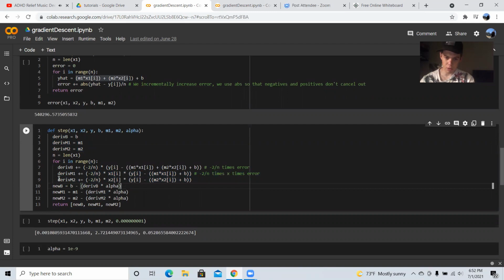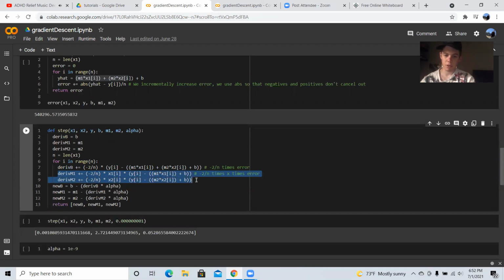So basically, originally we had deriv m is equal to x of i times y of i minus (m times x plus b). Like I said, the difference now is it's m1 with x1, so m1 times x1 right here.